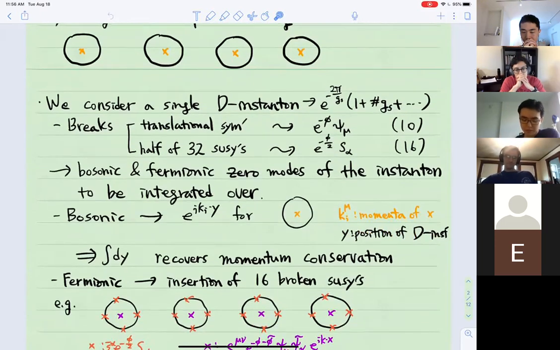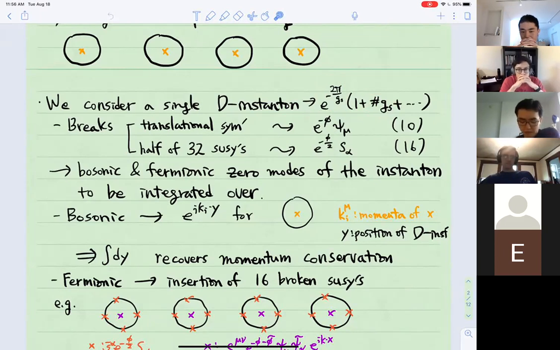So we are going to consider a single D-instanton for now. Multi D-instanton is very complicated, I think. So as Victor mentioned, there's this e to the minus 1 over g_s D-instanton effect. And this is the leading order computed by Green and Gutperle. And this is the piece we are interested in. Okay.